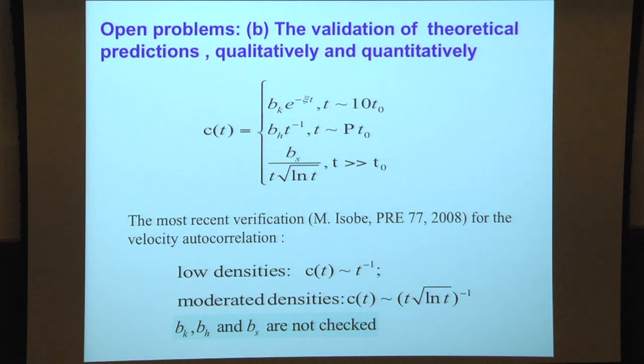In this work, at a low density, the t^(-1) power law has been verified, I mean, in the case of the velocity autocorrelation function. And also, for the first time, such a kind of decay behavior is evidenced.